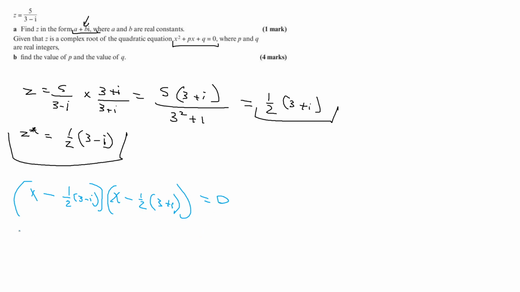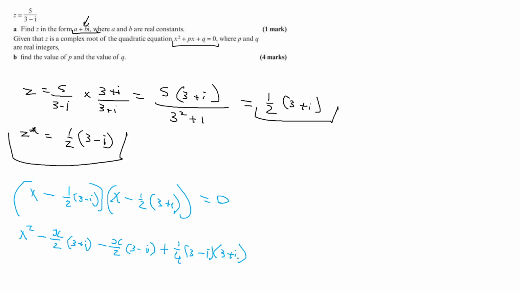And so now let's expand the bracket. x squared minus x over 2 times (3 plus i), minus x over 2 times (3 minus i), plus a quarter times (3 minus i)(3 plus i).